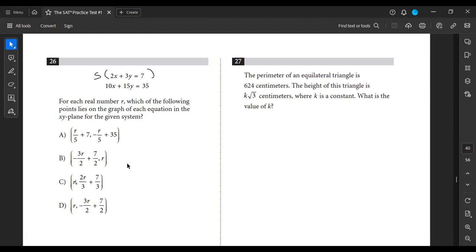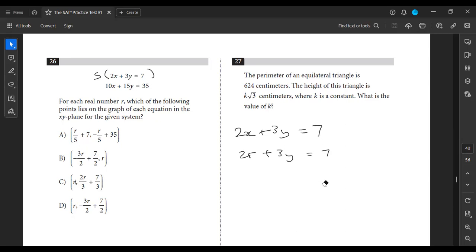So the first thing I did was substitute r for x. So we ended up having 2r equal to 7 minus 3y. Let's substitute for y rather, real quick.